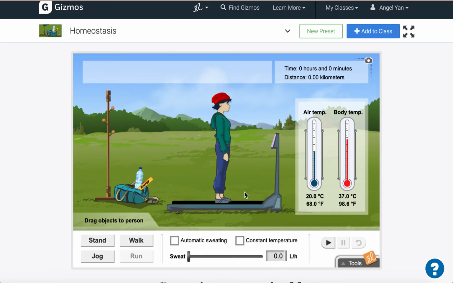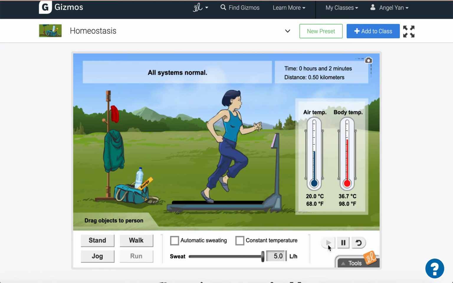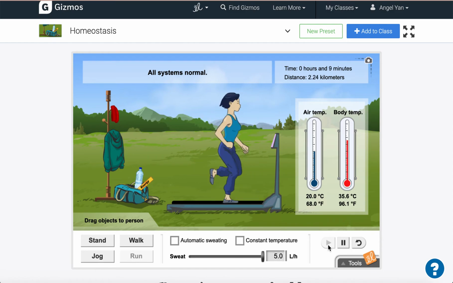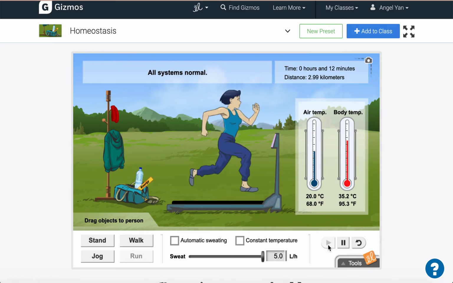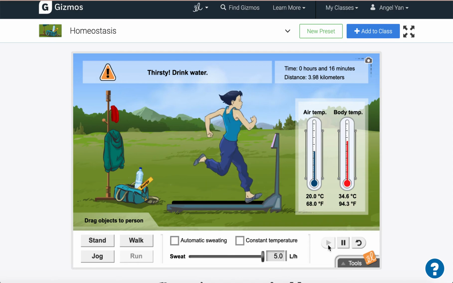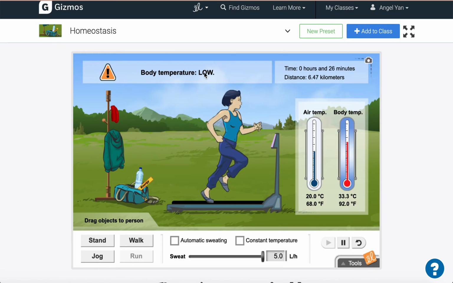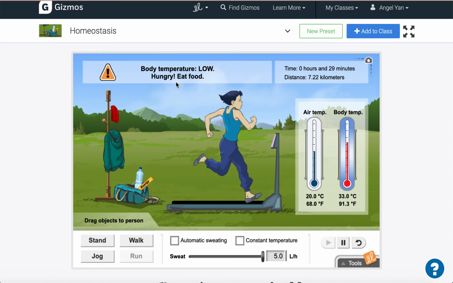Now, let's try another one. This time I'm not going to have her wear her sweater and I'm not going to have her wear her hat. And I want you to take a look again. It will show that she would need water and food throughout. But right here, I have another warning sign up on the top.